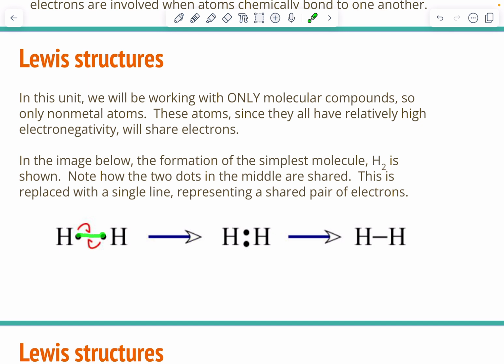You'll notice we draw that single covalent bond as a single line. That single line represents a shared pair of electrons, or what we call a single covalent bond. Remember that hydrogen, now that each hydrogen has 2 electrons around it, they both have satisfied that noble gas or full valence shell that it wants.